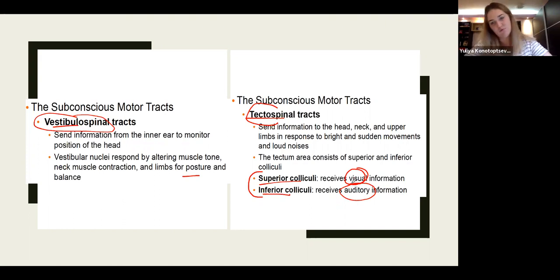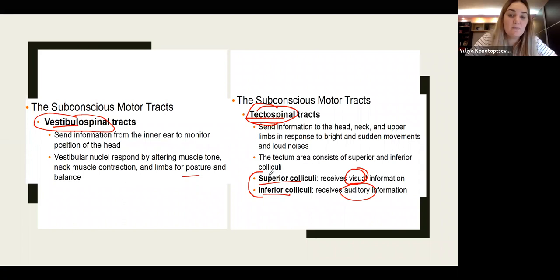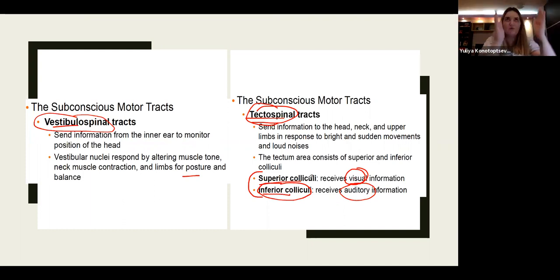No movement whatsoever. So we expect that there is something wrong with the tectospinal tract, specifically the one receiving information from the inferior colliculus, because it is auditory. The same idea for visual. You have some patients who see you, everything is great, but you clap in front of their eyes and zero reaction, they don't blink, they're not trying to protect anything. That means that the superior colliculus was damaged somehow.